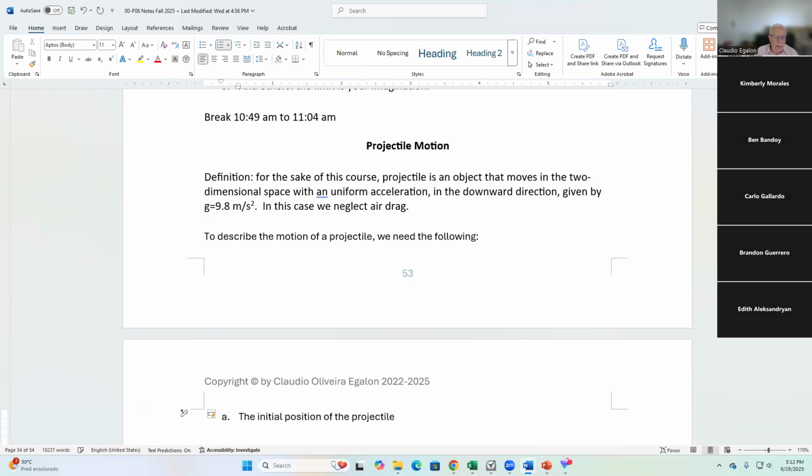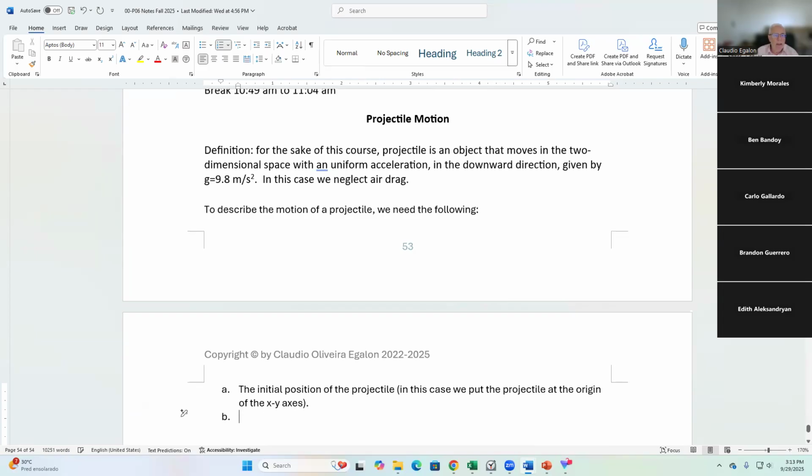In this case that I'm illustrating, you put the projectile at the origin of the x, y axis. B. What else do we need?